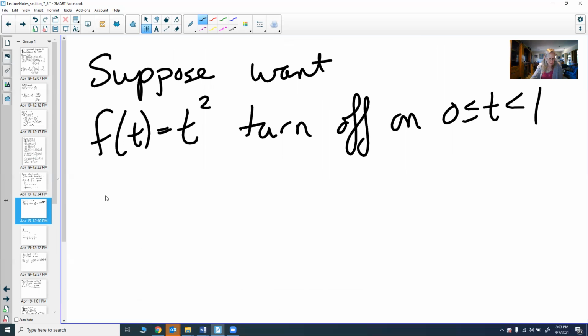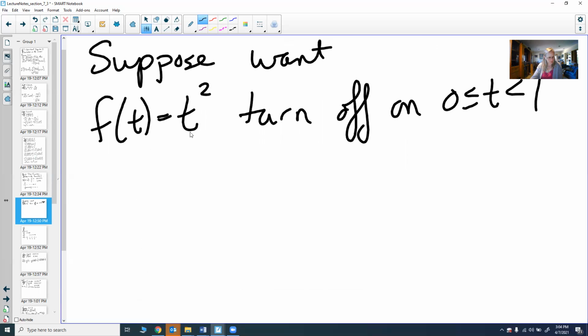Suppose we want f of t equal t squared to turn on at 1, and we want it to be off from 0 to 1, and on everywhere else. Graphically, from 0 to 1, we want this to be 0, just a horizontal line at 0 until we get to 1.